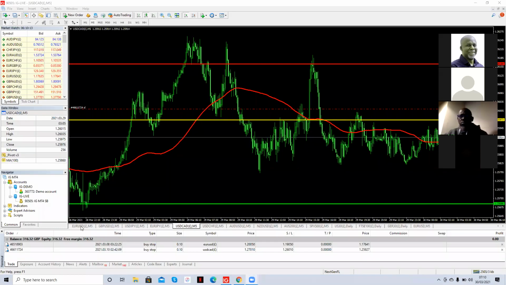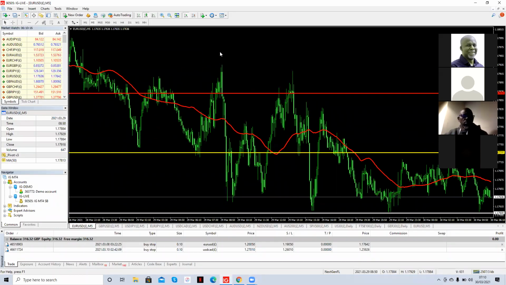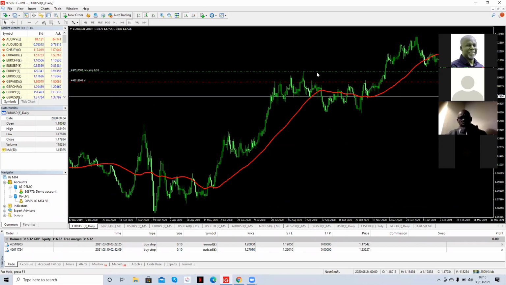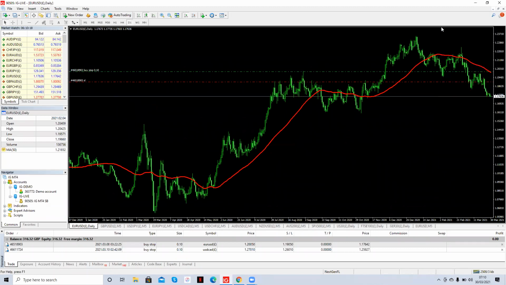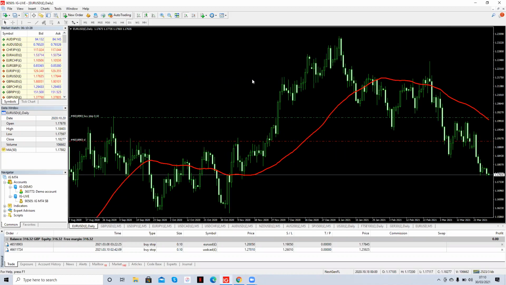So we'll start with the Euro US dollar, and we'll start with swing trading. With the swing trading, we'll do the daily time frame. And the market is currently trending down.